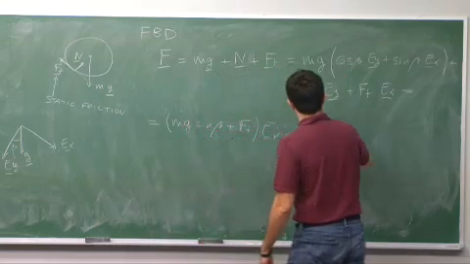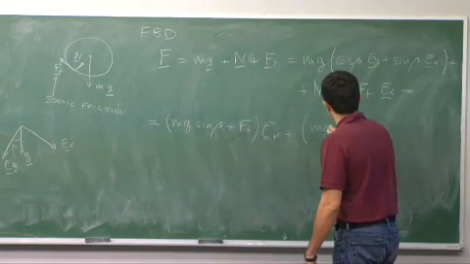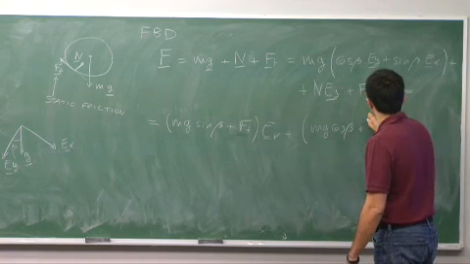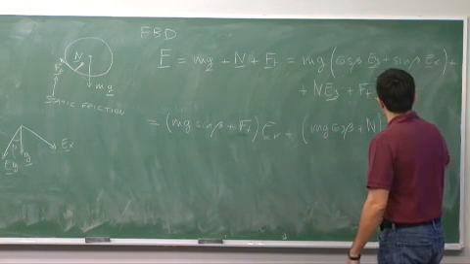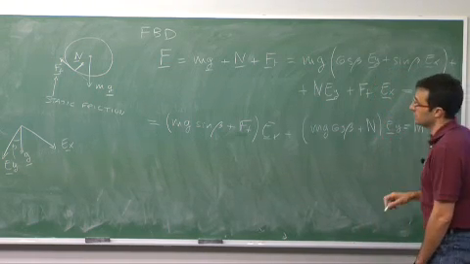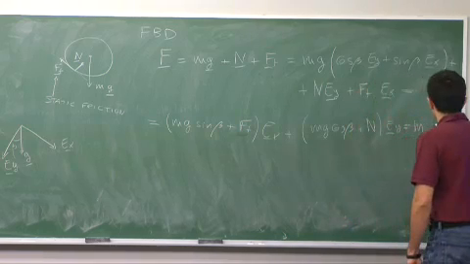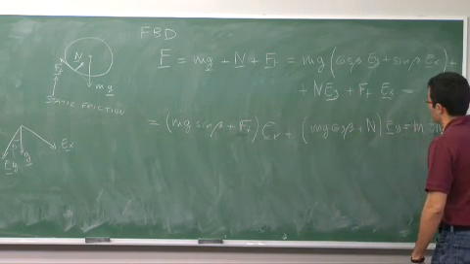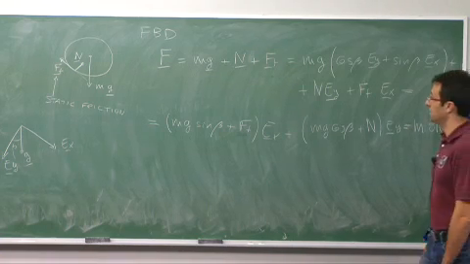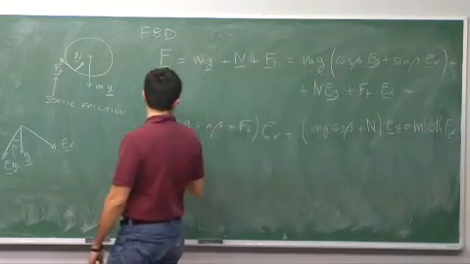And then I have mg cosine of beta EY plus n EY. And this is equal to m theta dot r EX, right? This is the first law of Newton. That's exactly what I've just written here.